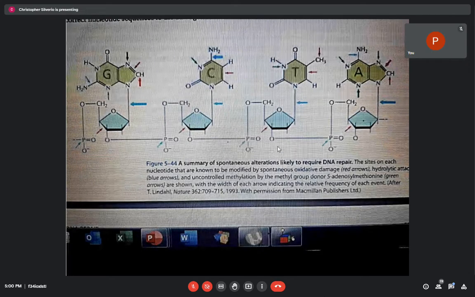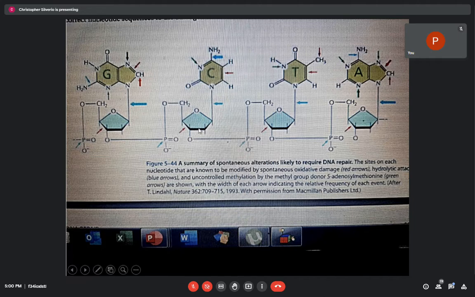Okay, as you can see, these are the nucleotides, DNA, and the arrows, you see, this is where alterations of DNA will happen.